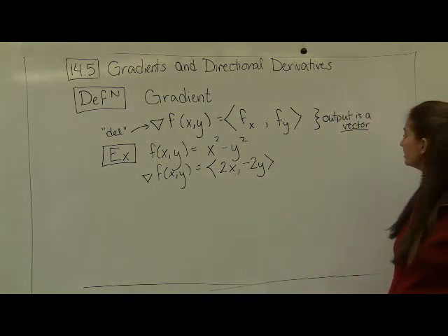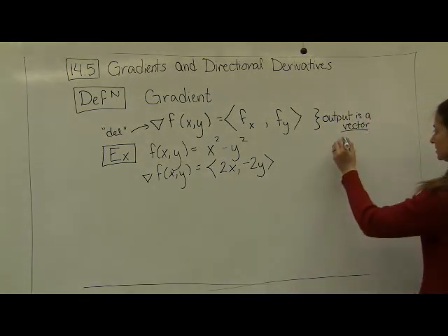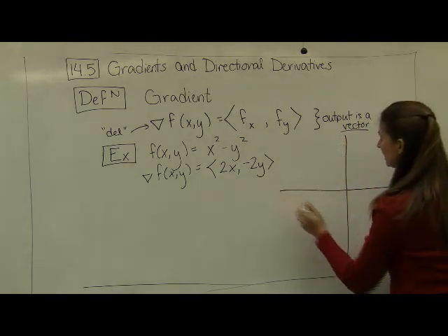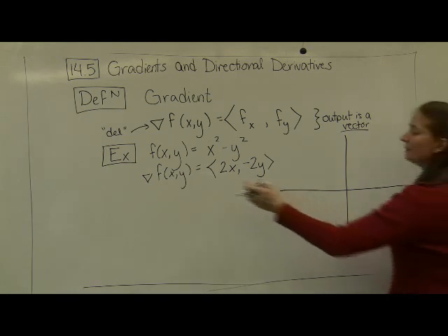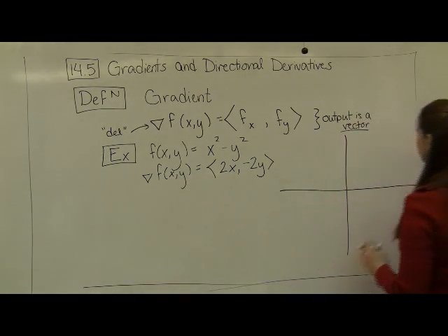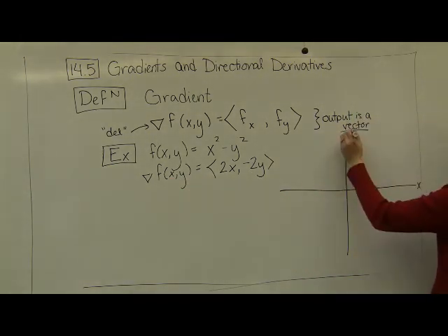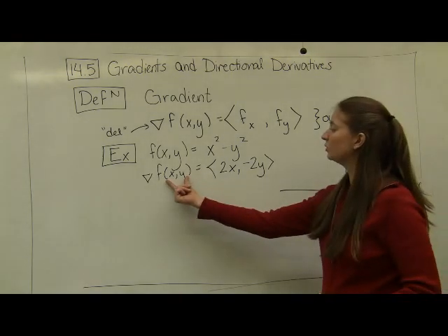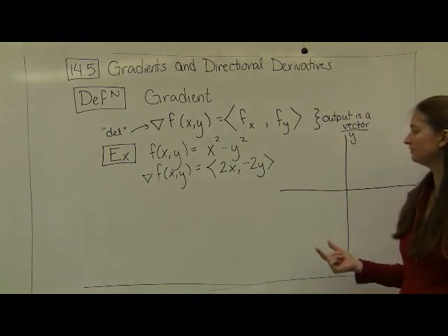The cool thing is the way that we go about representing this. I can represent this as what we call a vector field. My inputs are x, y coordinates, so I'm just going to graph this on the xy plane, and I'm going to have my input point be the base point of a vector.